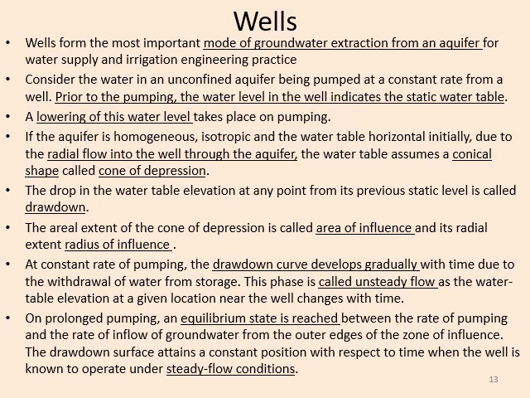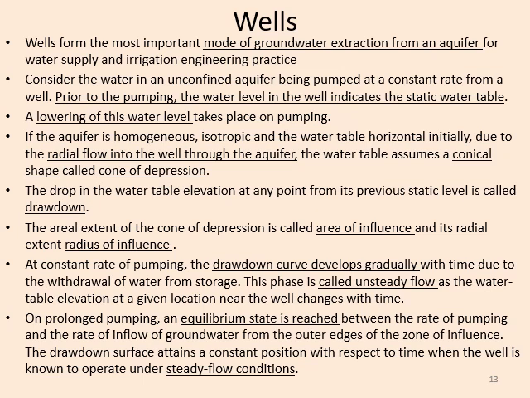If we consider the aquifer is homogeneous in nature, with the same characteristics, isotropic, means it will not change in place or time, and the water table is horizontal initially. Actually, the water table will not be horizontal, it will have an undulating slope, but we are considering here the water table as horizontal initially.